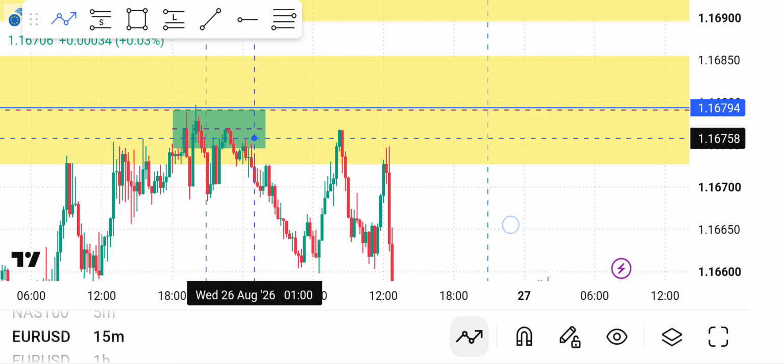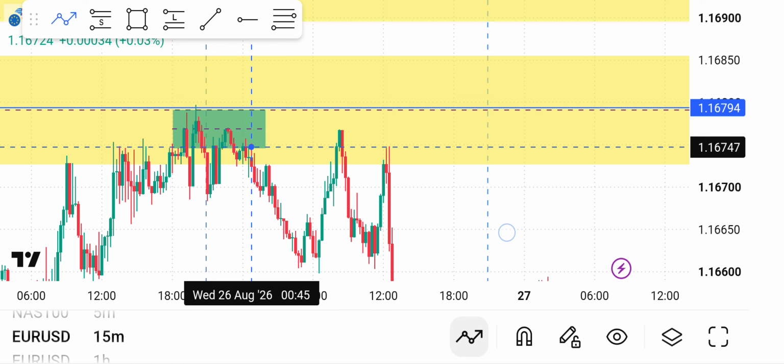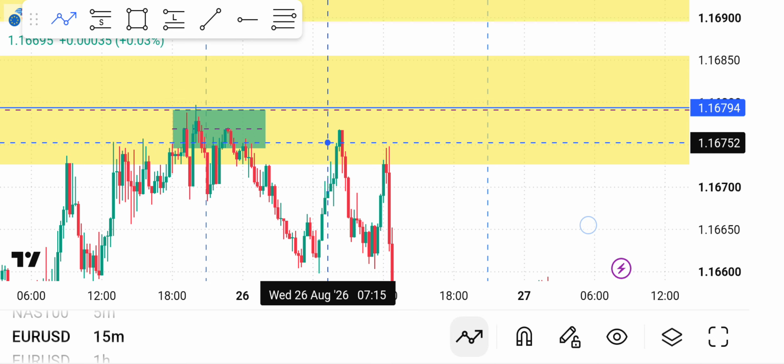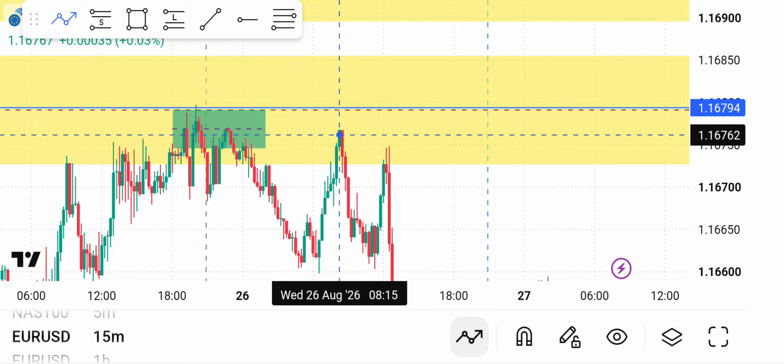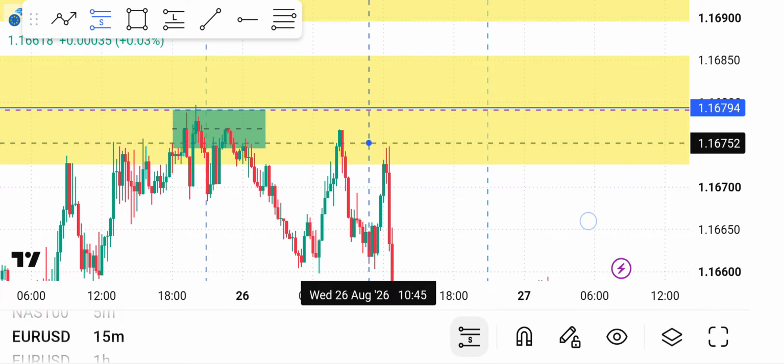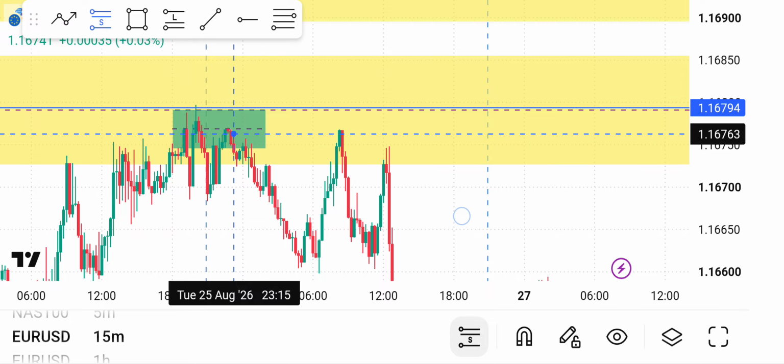From this area, this is where liquidity is resting. The price came back to this area. This is where I entered from, but I got stopped out yesterday. This is where, if you want to enter, you enter.